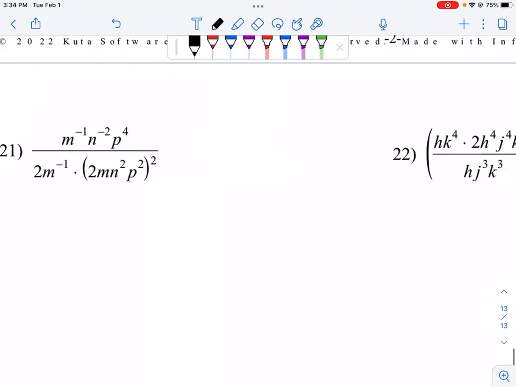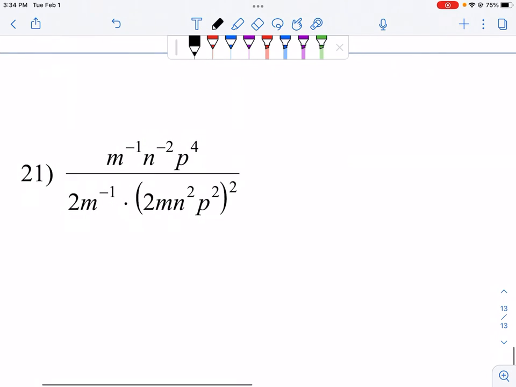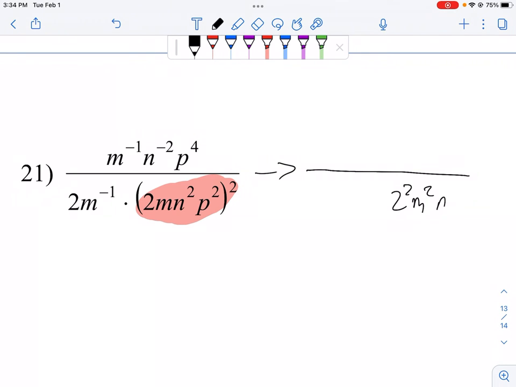All right, last two examples. Okay, I'm going to work this out and get 2 squared m squared n to the 4th p to the 4th. That's still multiplying with 2m to the negative 1.